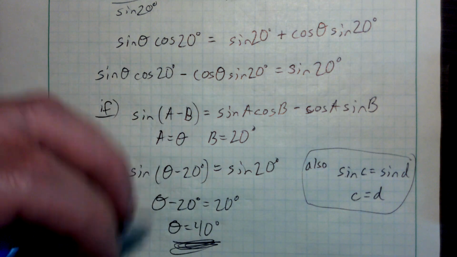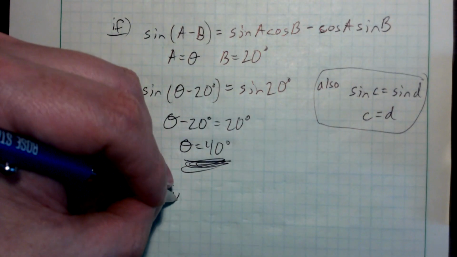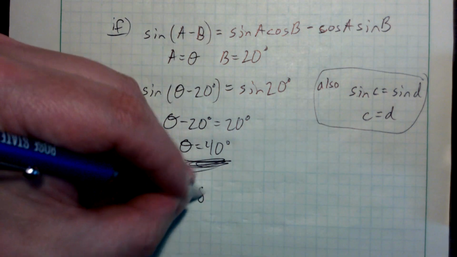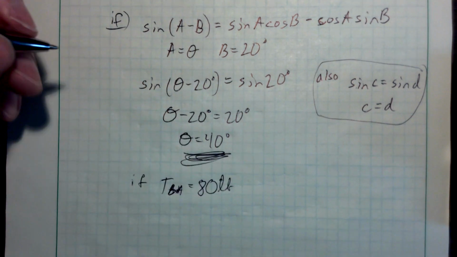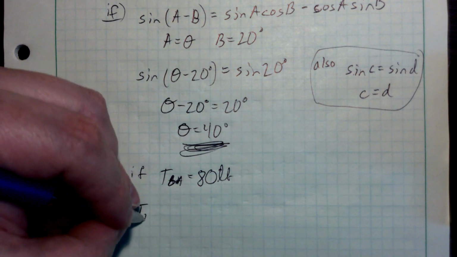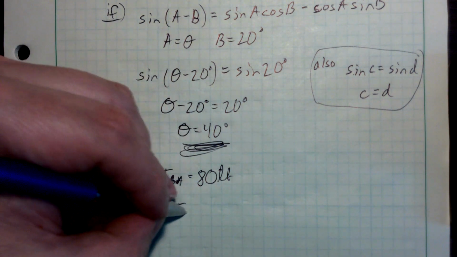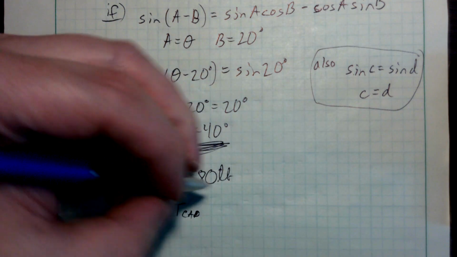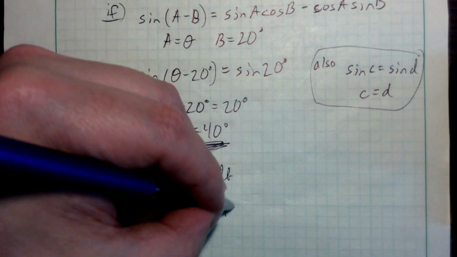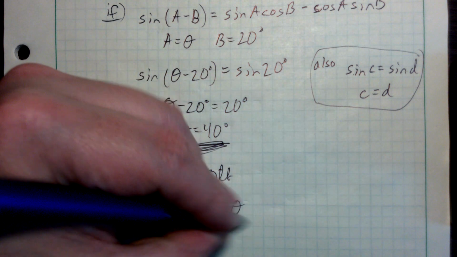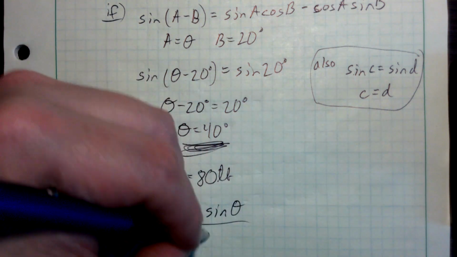You can say that if TBA is equal to 80 pounds, and the fact that TBA we found earlier is equal to TCAD sine theta, which we now know theta, divided by the sine of 20.